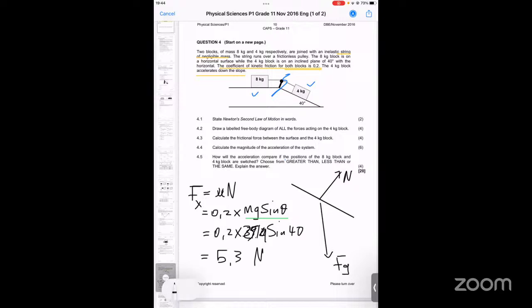Therefore this is the one which is our FG perpendicular, FG cos of an angle. And this is the one which is parallel to the surface, FG sine of an angle.